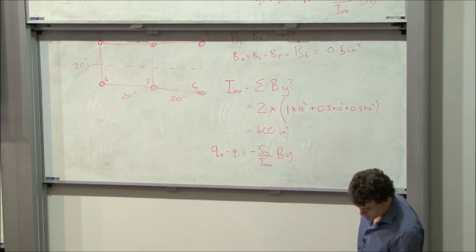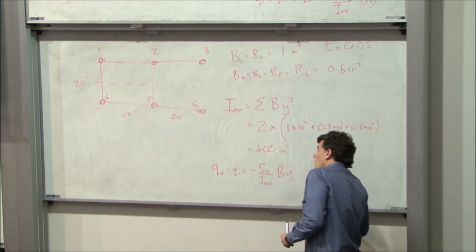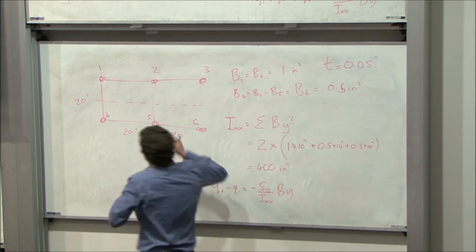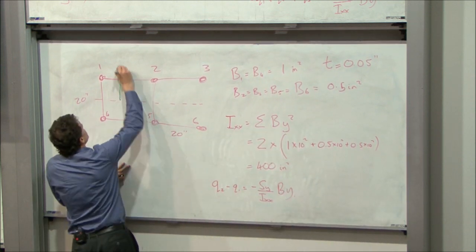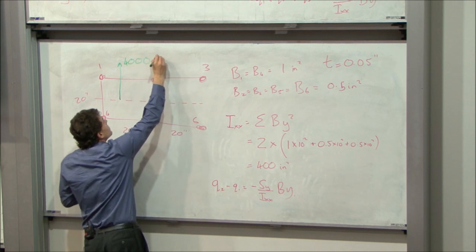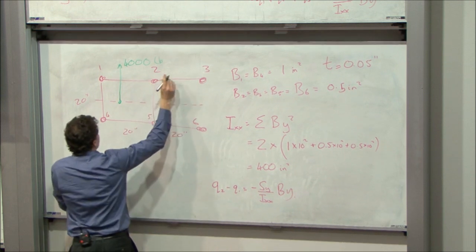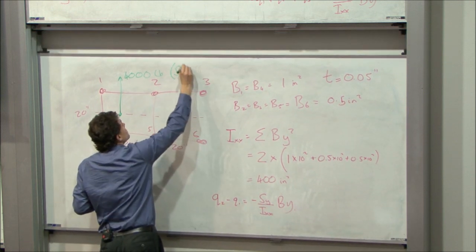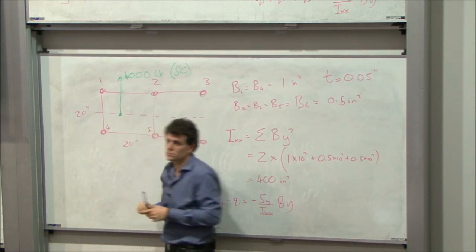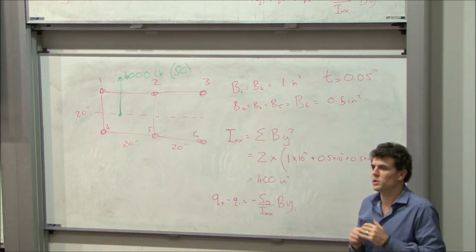So let's apply a shear force to this. I'll apply a shear force of 4,000 pounds. And I won't specify where it's applied other than it's applied at the shear centre. So if it's applied at the shear centre, what does that mean for the rate of twist? 0.